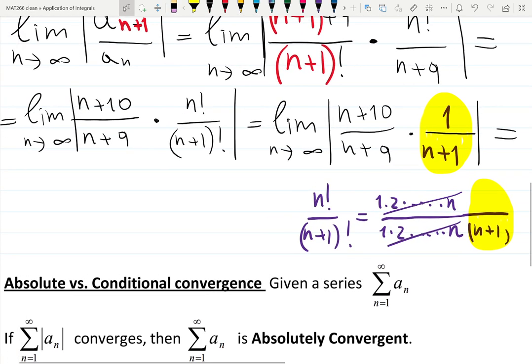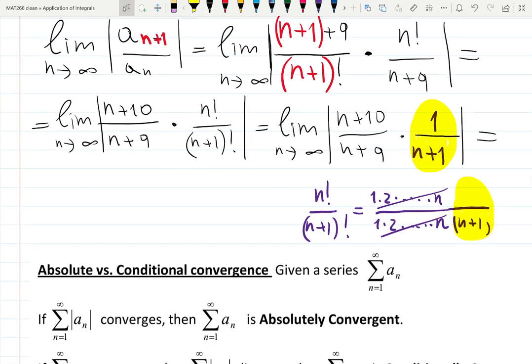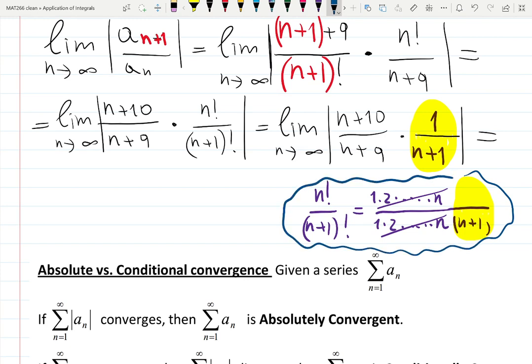Now we find the limit, and this takes you to Calculus 1 class. Hopefully you remember some limits, because they will be quite everywhere in this chapter. n plus 10 over n plus 9, the limit of that gives you 1. But then also 1 over n plus 1 gives you 0.